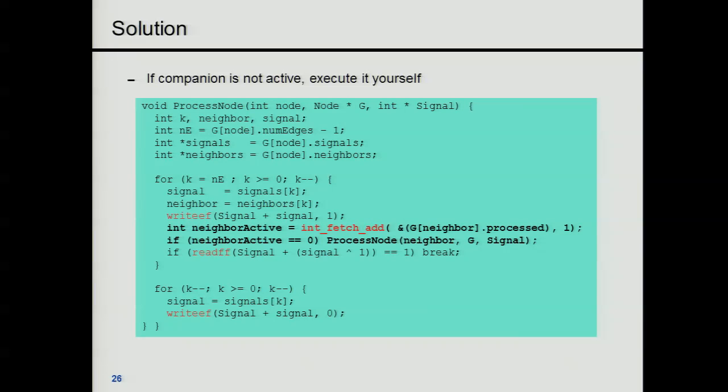If it is being processed, then I can simply wait. And if it's not being processed, so if the neighbor active is 0, I simply do a recursive call and process the neighbor myself. That way, whether or not the neighbor that I want to match with has been scheduled, it'll get executed.